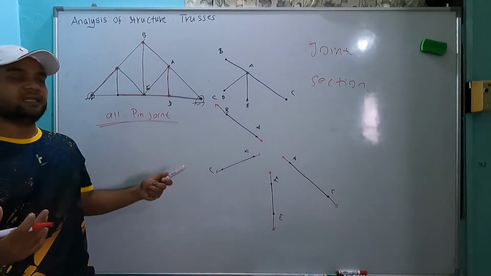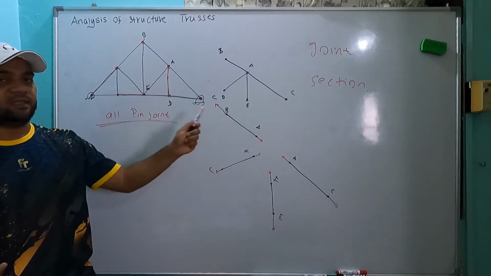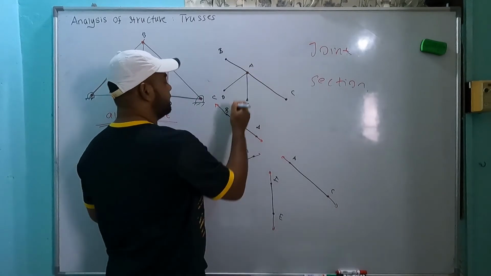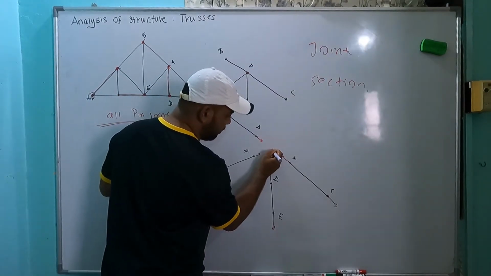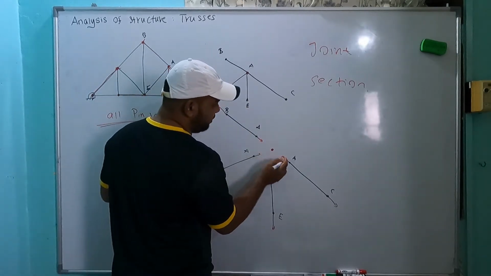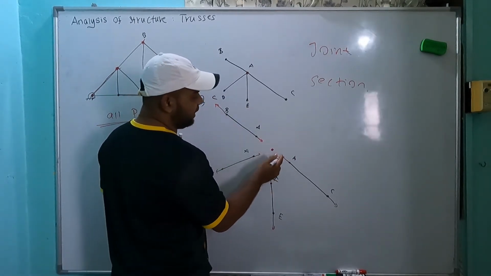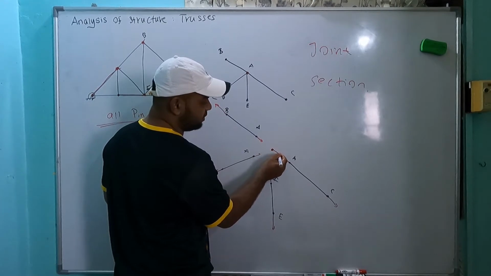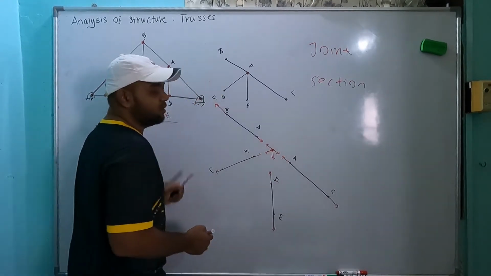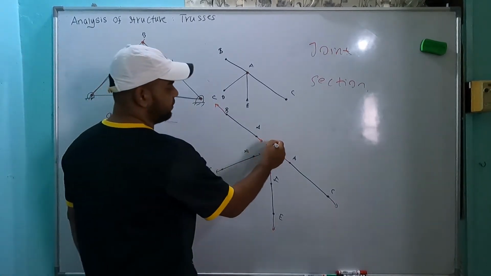This is in the structure, but we also have the point that joins these components together. We have one point, which is this point. To draw this one, we use Newton's third law, action and reaction. This one goes this direction, so this one will go this way. This is opposite, this is opposite, this is also opposite at that point A.